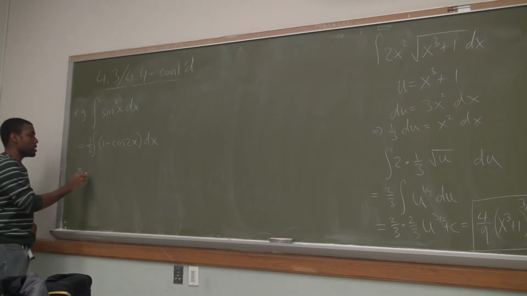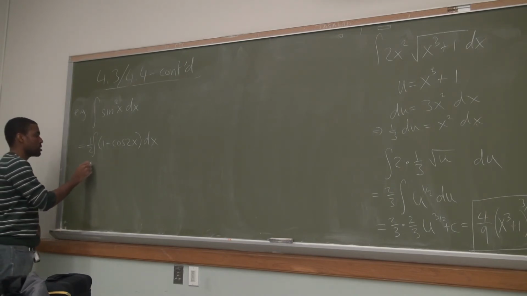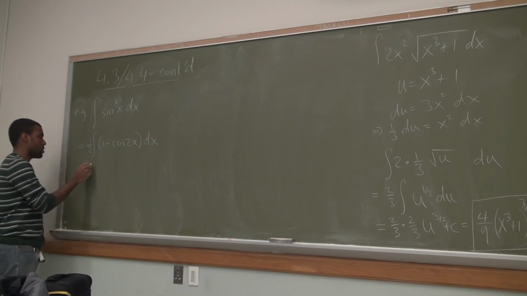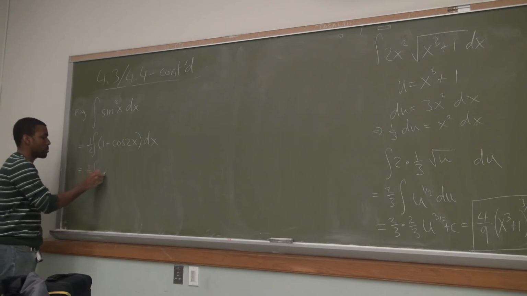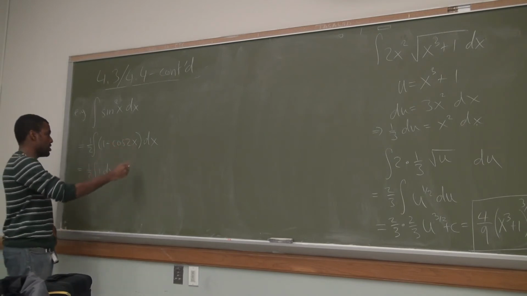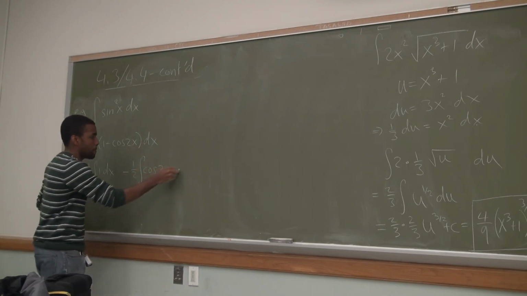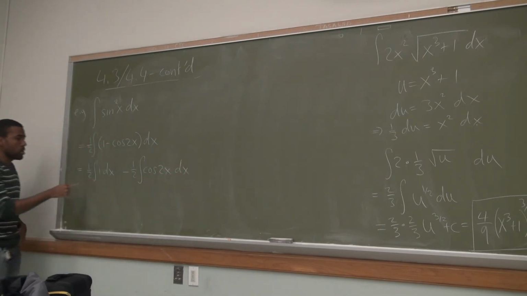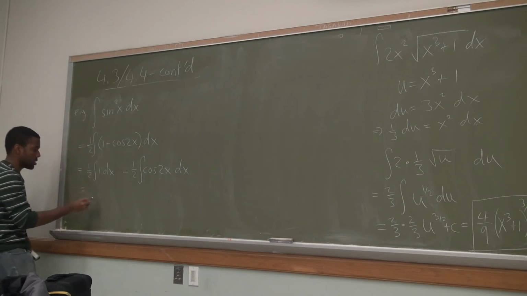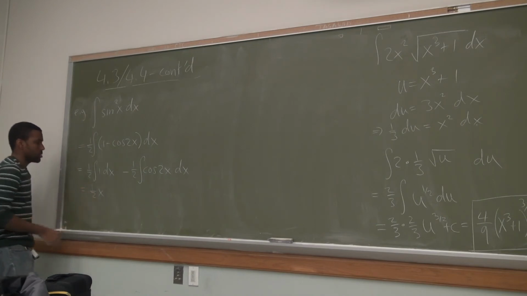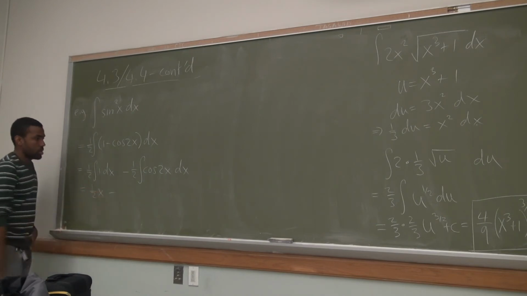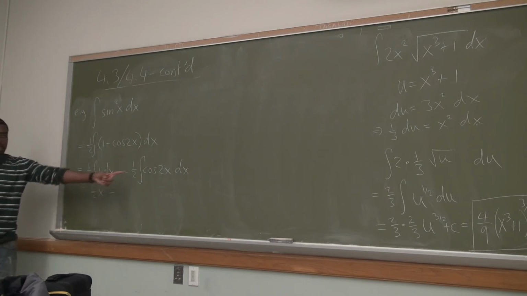So what you would do here is split this into two integrals. In general, you don't have to do this, but I think it'll be easier to digest if I do that. Now this one we know how to integrate, right? That's just x. How do we integrate this one?